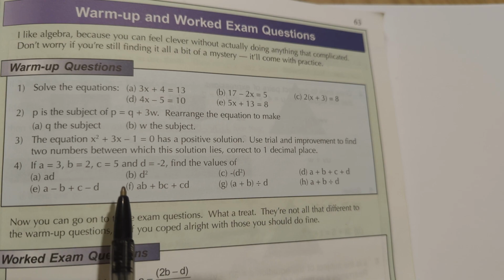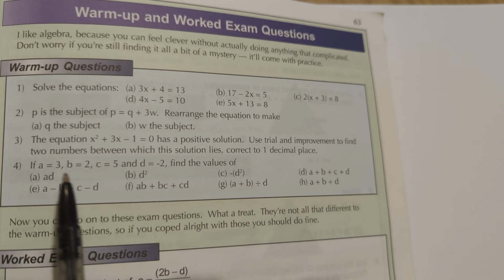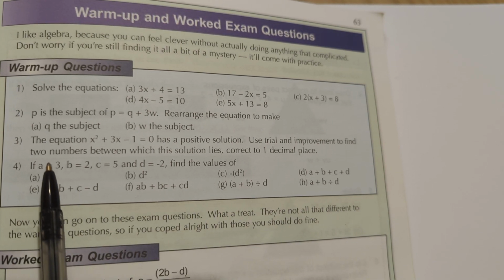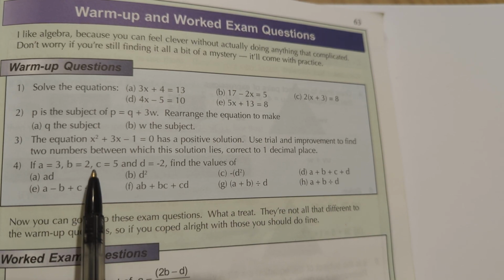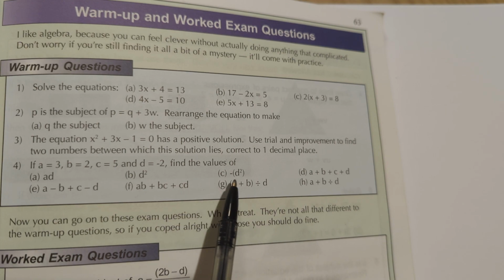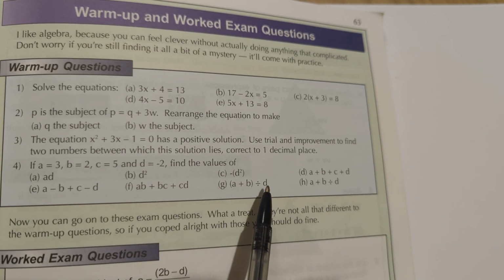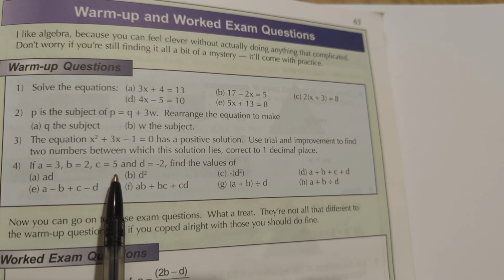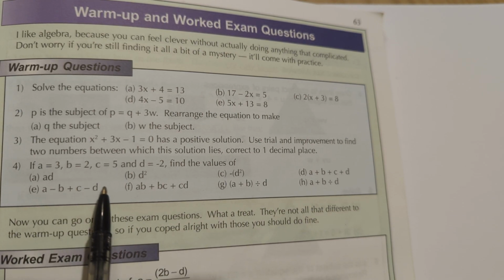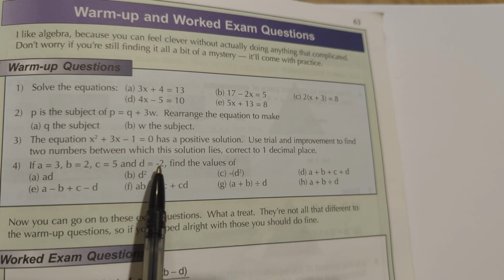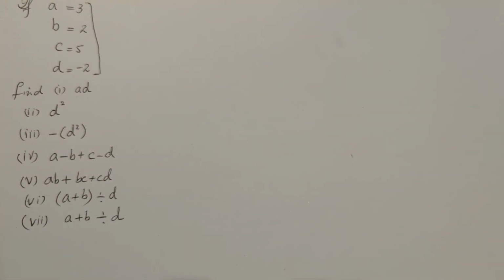You only have to remember the rule: wherever a is used, we put its value 3. Wherever there is b, its value 2. Wherever we have c, its value 5. And wherever we have d, its value minus 2. So I will show you how we can solve it.